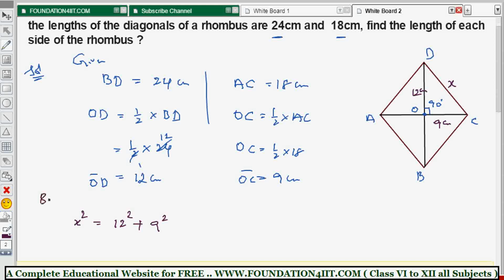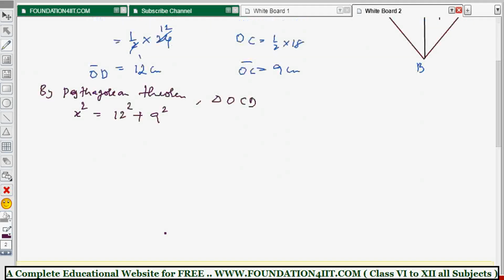Simplifying to get the value of X: 12 square is 144 plus 9 square is 81. 144 plus 81 is 225, the value of X square. Then X is the square root of 225, which is 15 centimeters.